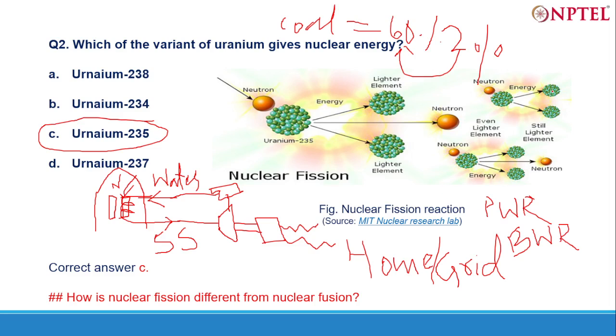We have only krypton and barium that can be taken out, and some neutrons that can be absorbed by moderators and control rods, and no harmful emission. So if we replace this 60% by 2%, you can see how much carbon we can cut off from the environment.